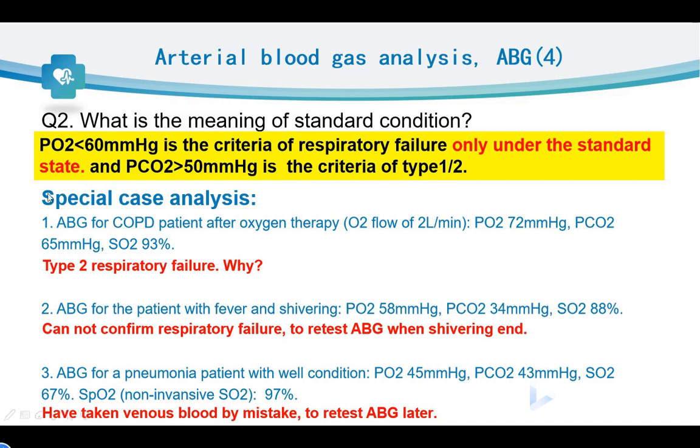For case 1, the patient is not under the standard state. How can we conclude a type 2 respiratory failure for this patient? And is there an accurate diagnostic criterion for patients who are not under the standard state?